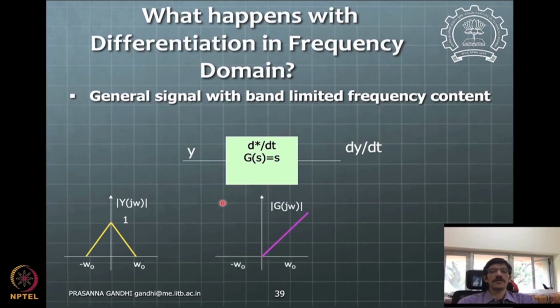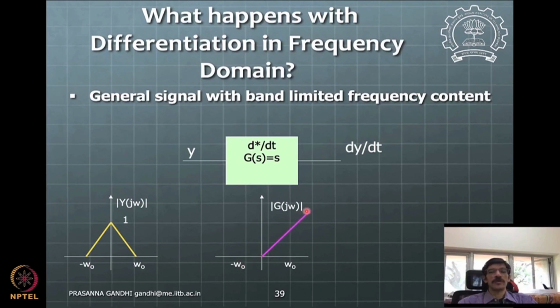Then G of s will be s here. So Y of s comes in, gets multiplied by s, and we get s times Y of s as a Laplace domain function, whose inverse Laplace will be dy by dt. In the frequency domain, this is simply getting multiplied by omega. Plotted on the omega axis, this will be like a 45-degree line.